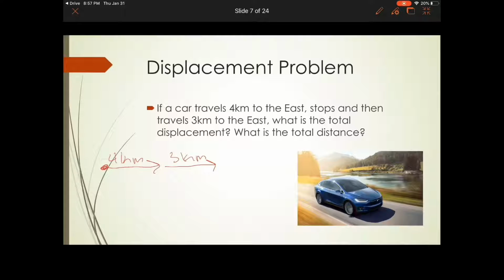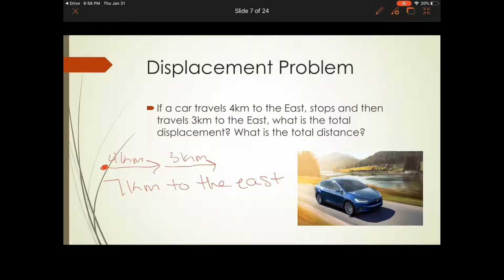This is my original starting point. I would be 7 kilometers away from my starting point. And so the way we describe that with displacement is we're going to be 7 kilometers to the east.